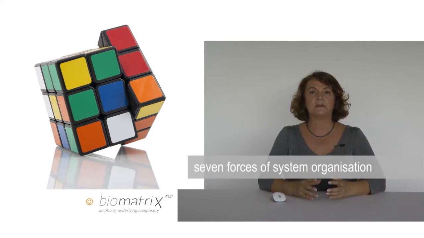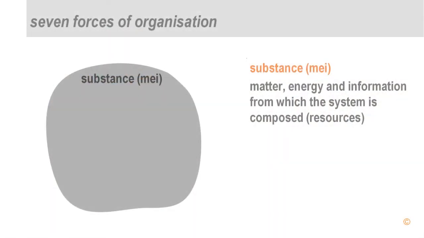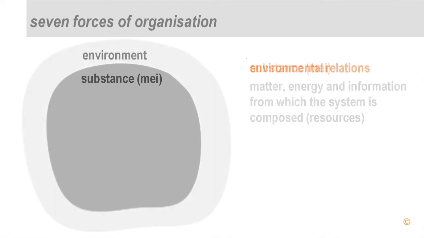As we change the resources of a system, for example, the system changes. If we employ different persons, or if we replace technologies with the latest technologies, the system will change. So substance is an important force of organization. Then every system exists within an environment.